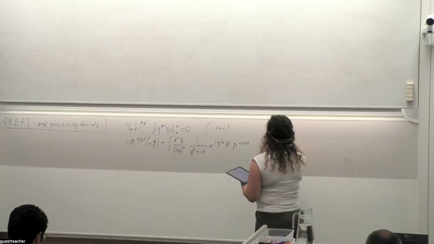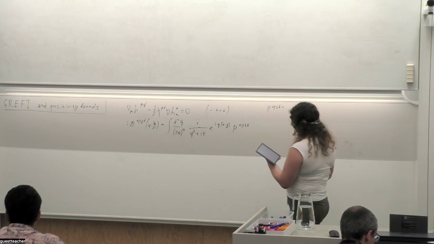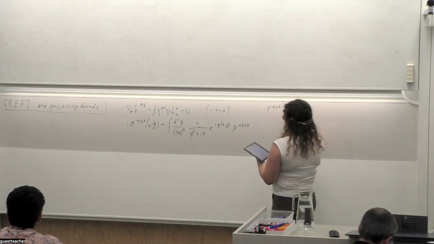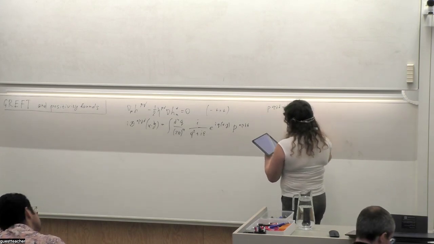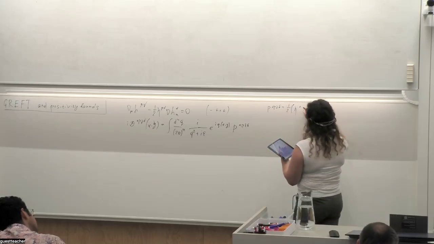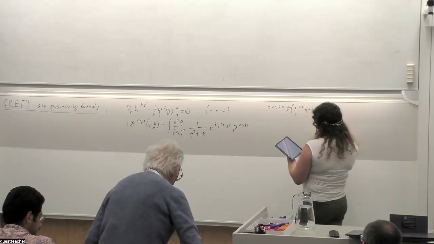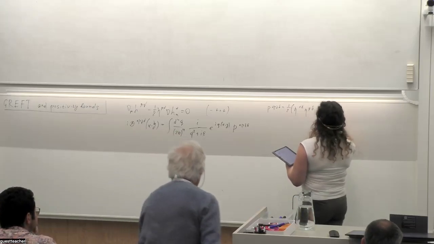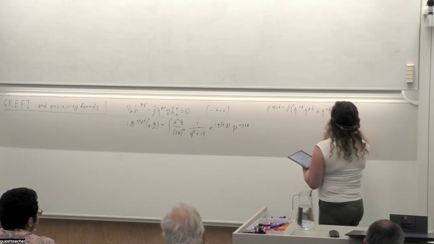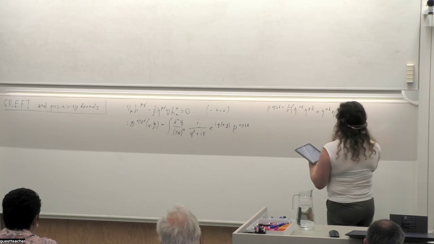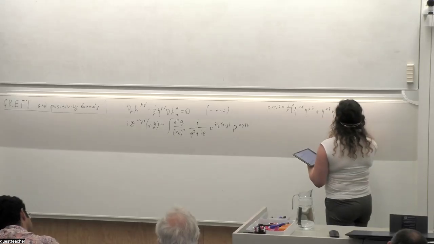And this tensor P_αβγδ is equal to a particular combination of flat space metric tensors: η_αγ η_βδ plus η_αδ η_βγ, and minus the combination η_αβ η_γδ.